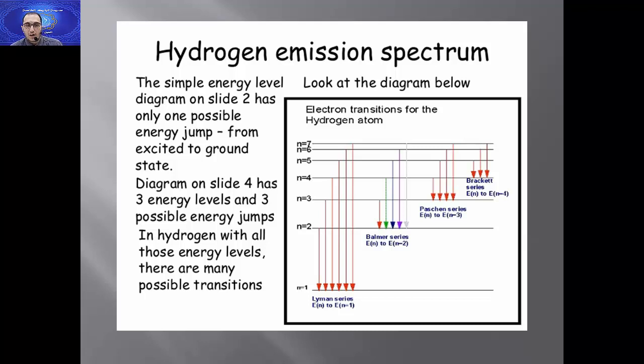So if we have hydrogen atoms, not only one atom but more than one atom, and these atoms of hydrogen gain energy, what happens? We'll find that the electrons jump to higher levels. Look at this: n equals 1, n equals 2, 3, 4, 5, 6, 7, and so on to infinity.